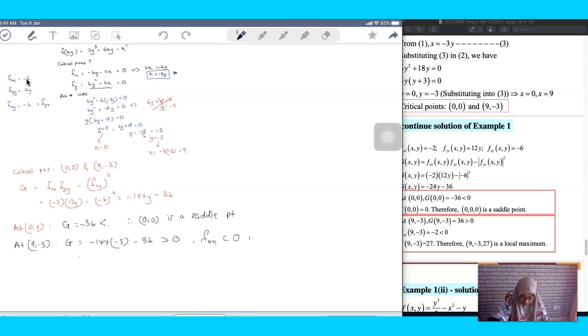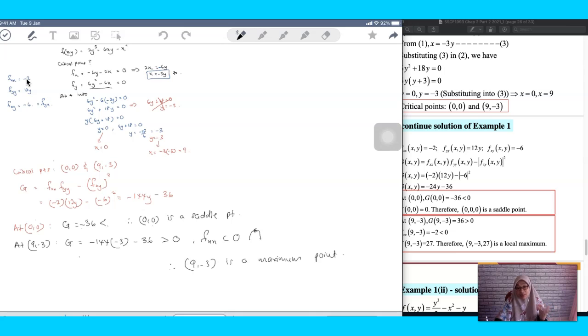That is what your face looks like. And so (9, -3) is a maximum. So (9, -3) is a maximum point for x and y. That is called the maximum point.